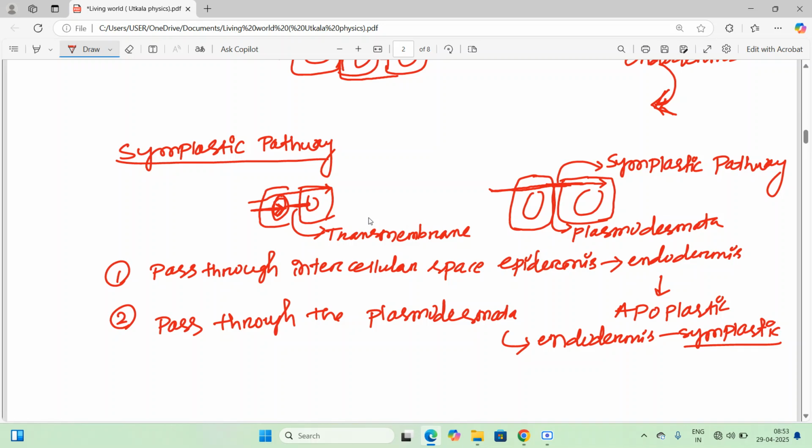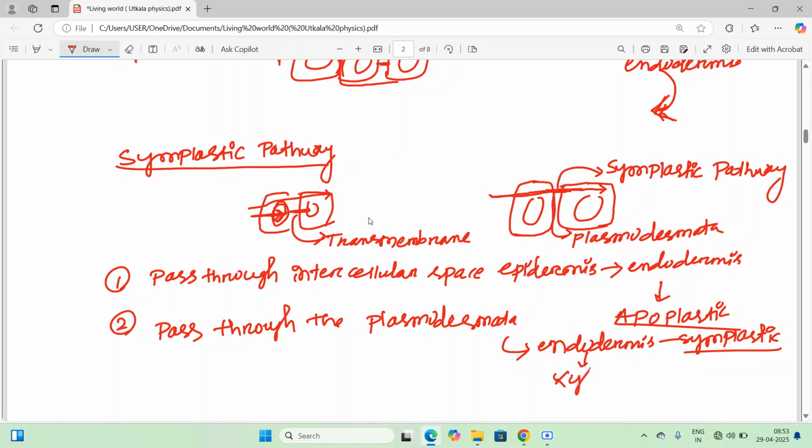Got it? Clear? We see that from the root hair cell to the endodermis and across it all the way to dead xylem cells, from endodermis to xylem, that is the symplastic pathway.